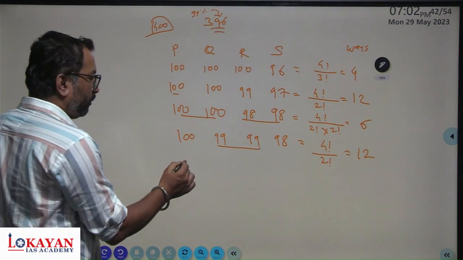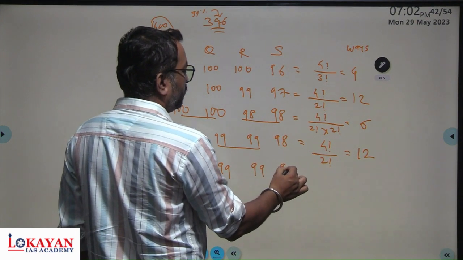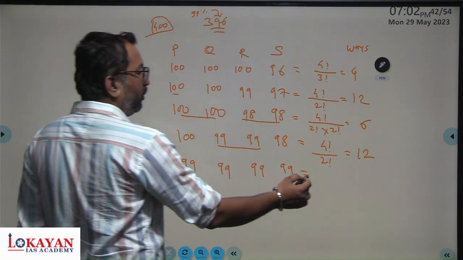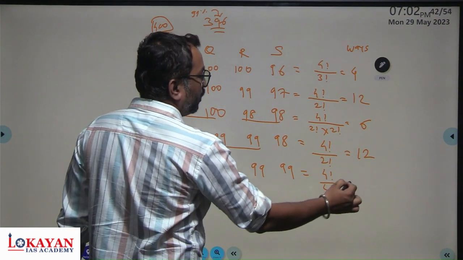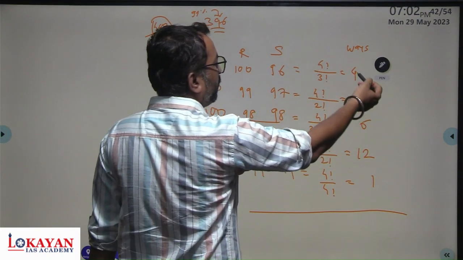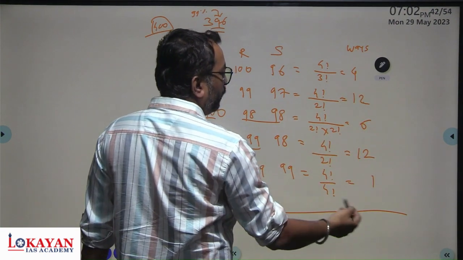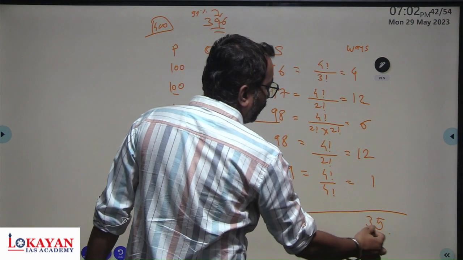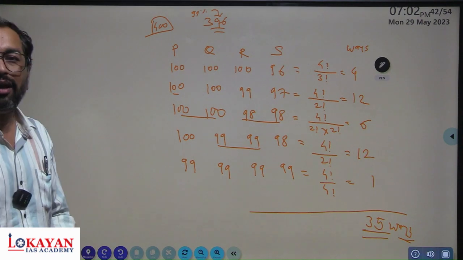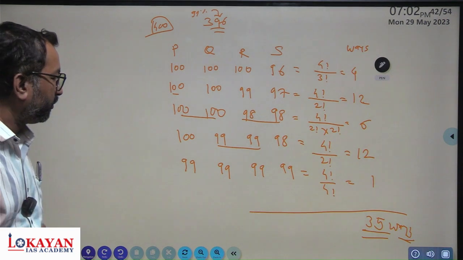Yes, we are missing 99, 99, 99, 99. And this can be done only in one way. So for the number of ways, just add them. 12 plus 4, 16, 16 plus 6, 22, 22 plus 12, 34 plus 1, 35. There are 35 ways to acquire 99% marks in that particular exam.